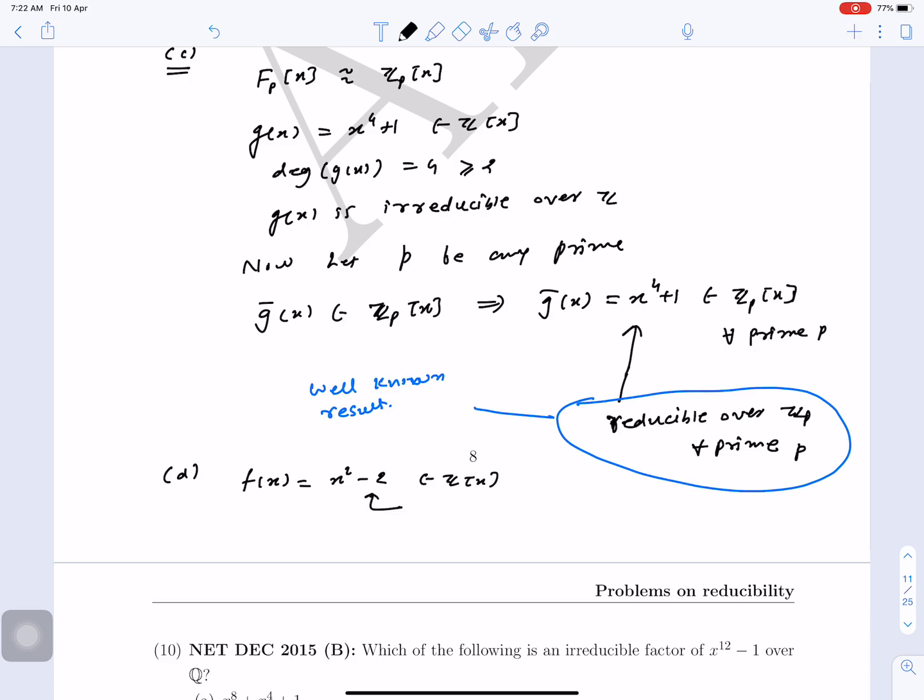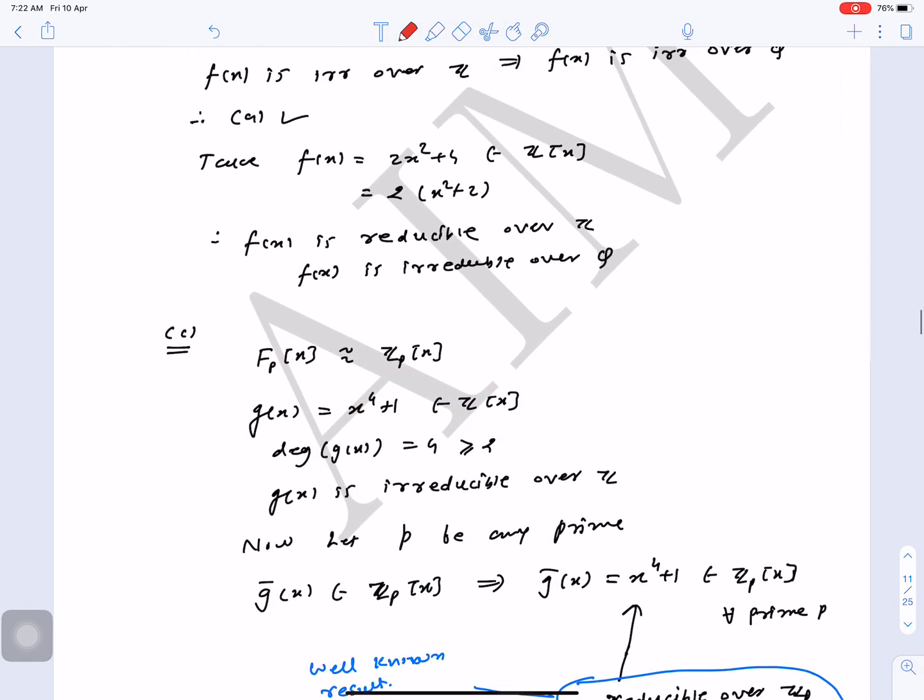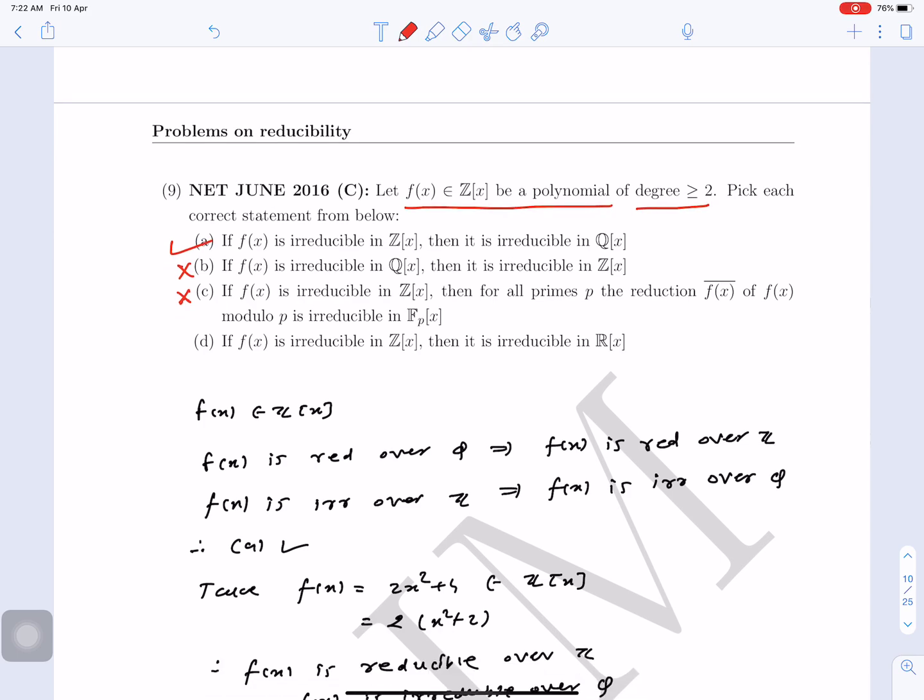This is irreducible over Z, but you can factorize it as (x - root 2)(x + root 2). So this is irreducible over Z but reducible over R. So option D is wrong.